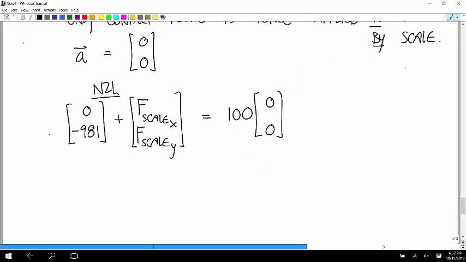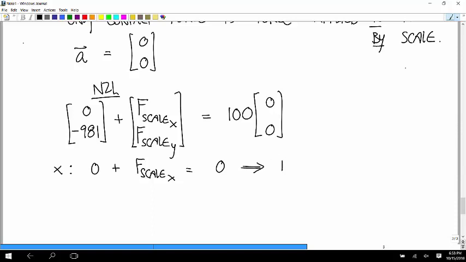Now we can break this equation up into an x component and a y component. The x equation says 0 plus F scale X is equal to 100 times 0, so 0. This is an ugly name for a variable, but I gave it this long name so you can keep track of what it represents. It could just as well be x or whatever. We're just going to solve for that.